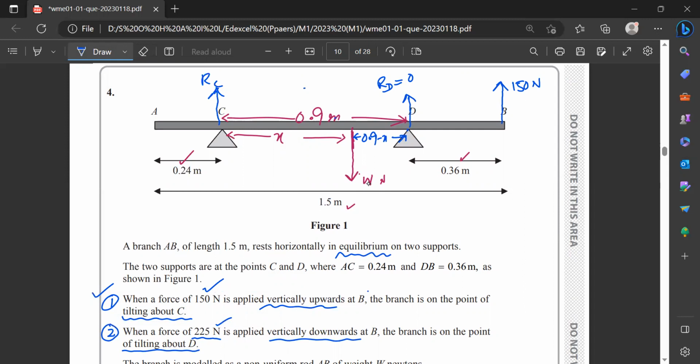There is no connection, so the reaction at point D is equal to 0.